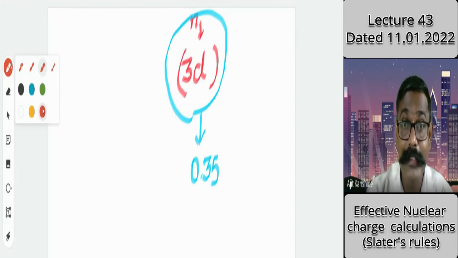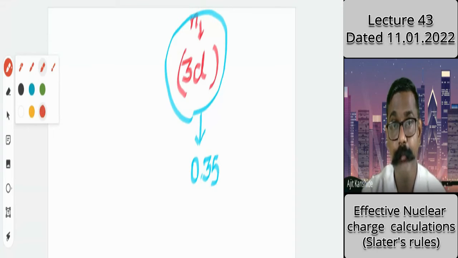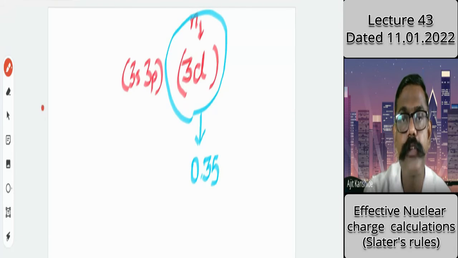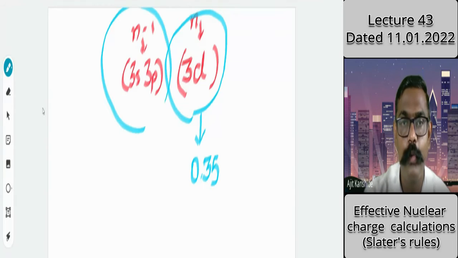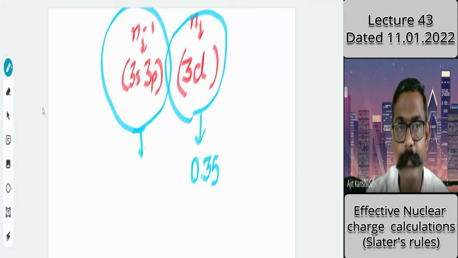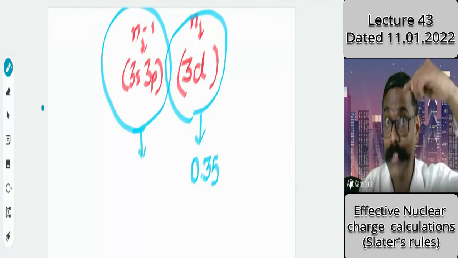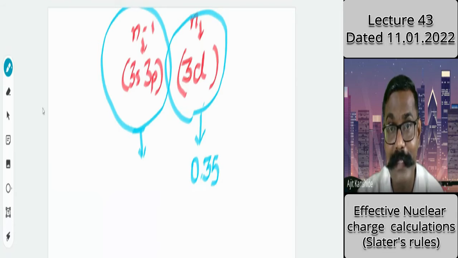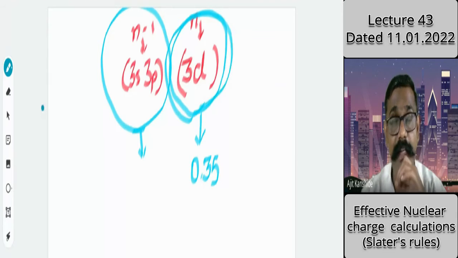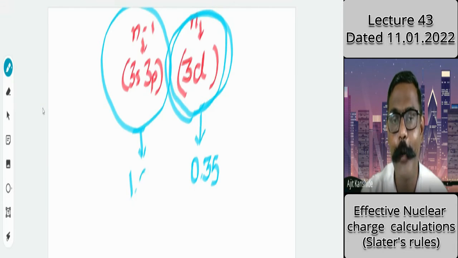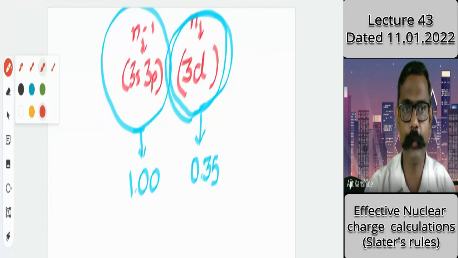But if electrons are there inside, let it be 3s3p, which is actually the n minus 1th group, as per our current rule what is the contribution for the 3s3p group? 0.85. It was previously so, but now if the electron is present in that 3d, or d or f orbital, then the rule says in spite of 0.85, it is 1.00. Is this magic of this rule clear?